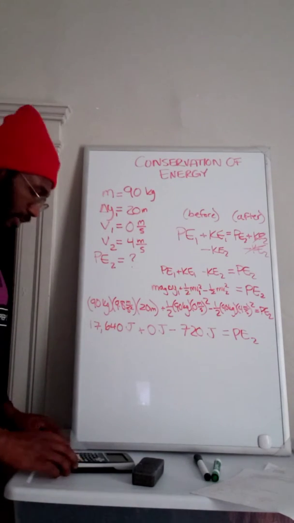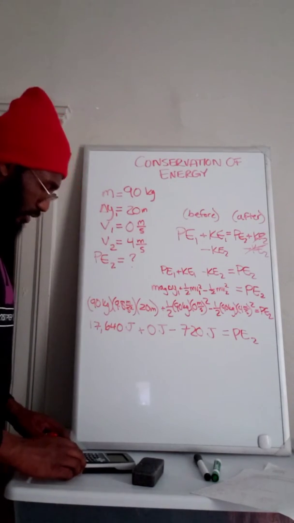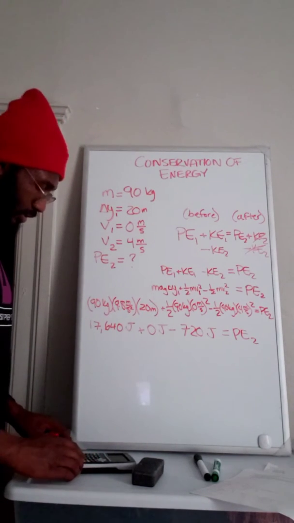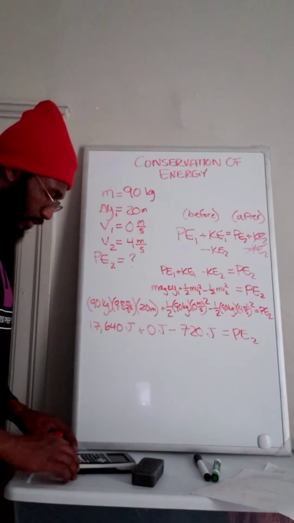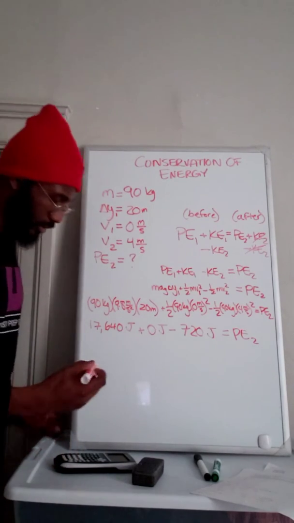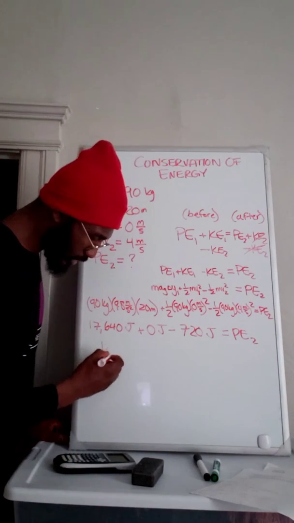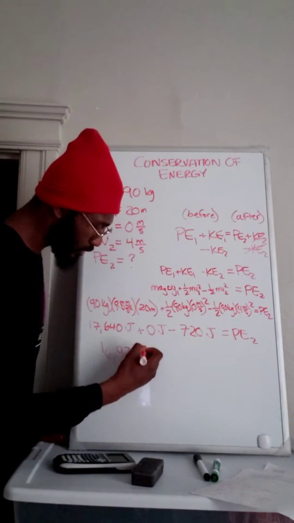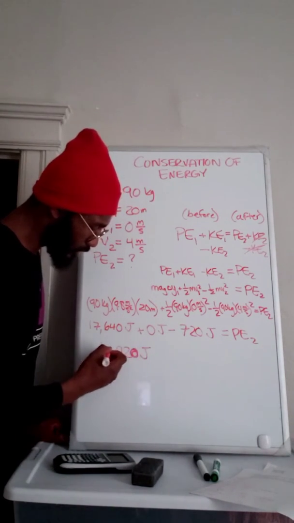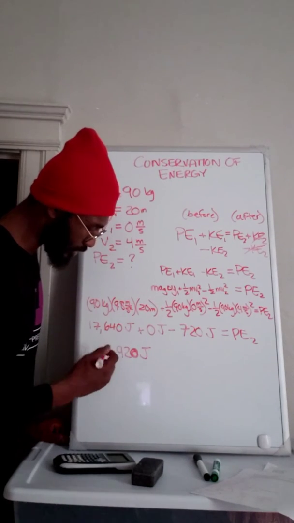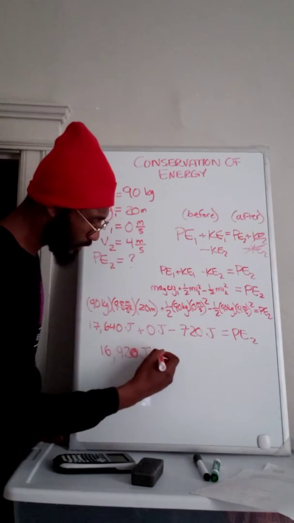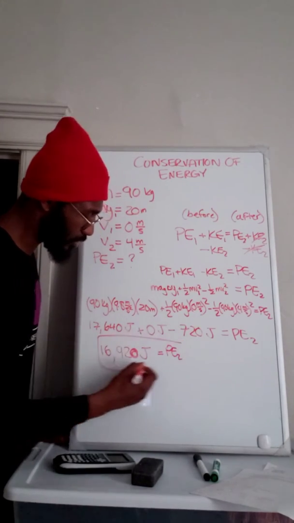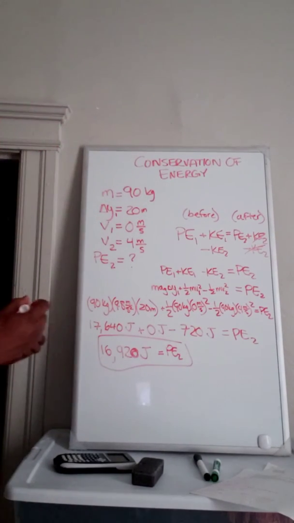So now we have 17,640 minus 720, and that'll equal 16,920 joules. 16,920 joules is the potential energy that she still has while that high in the air.